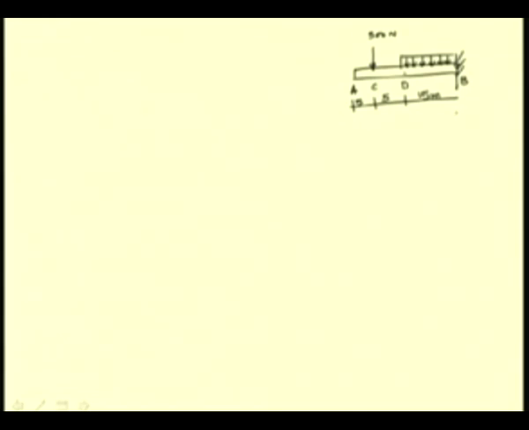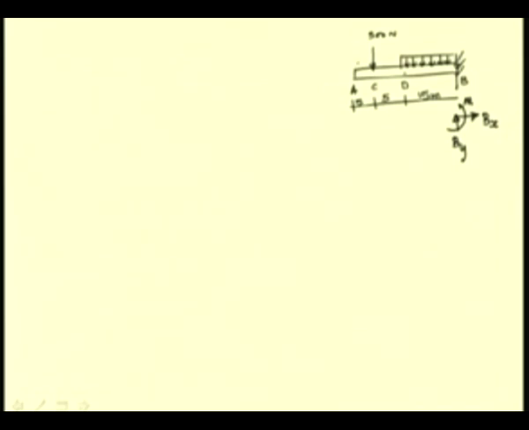So, in this case, we have at B, which is the fixed end, the three components of reaction Bx, By and M, the bending moment. And A is a free end, so we do not have any reaction.